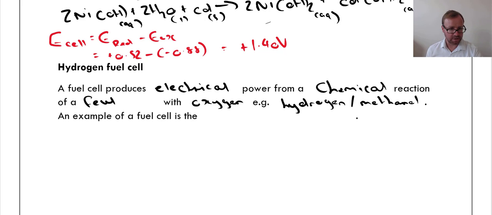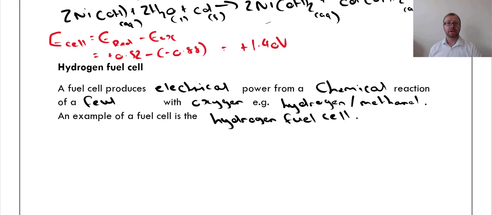An example of the fuel cell is the hydrogen fuel cell. Basically what we have is a fuel and we react it with oxygen to produce electrical power, and it's through a chemical reaction.